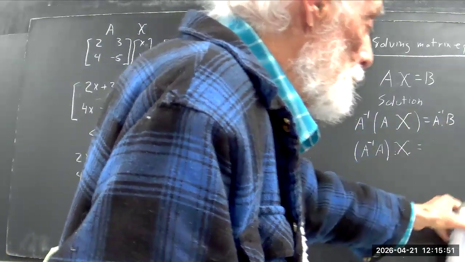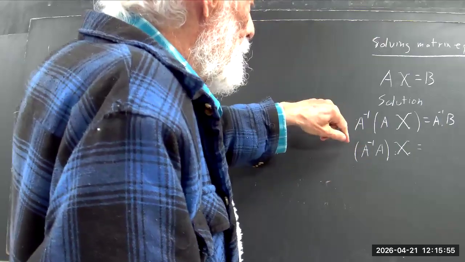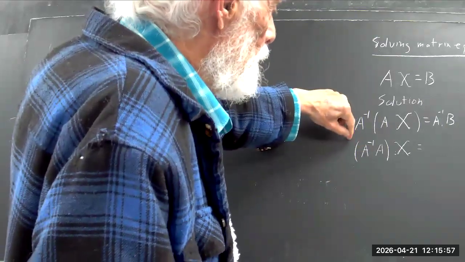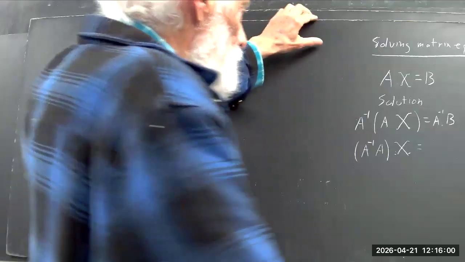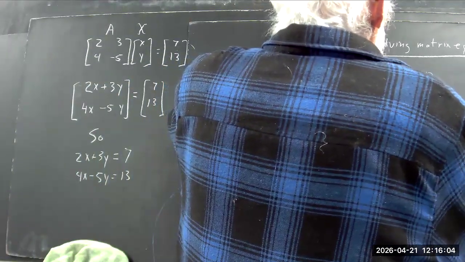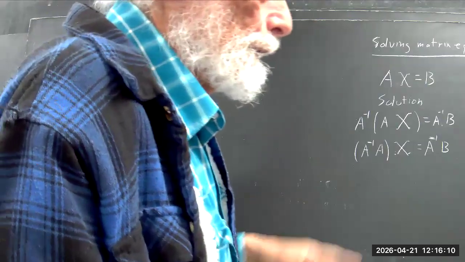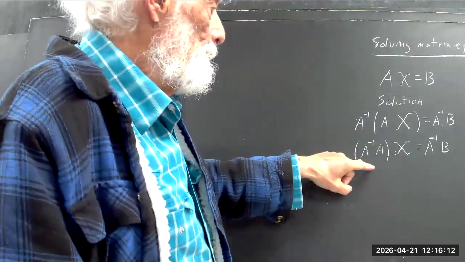A inverse B, that's what's going to give you the numbers. Okay? There's an associative law, A inverse times A times X equals A inverse B. Now there's this thing called an identity matrix that I'm not going to talk about except when I do the inverse.